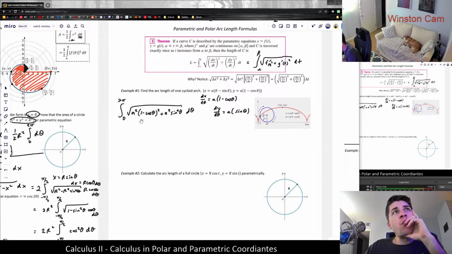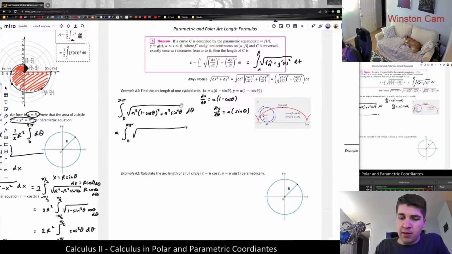Okay, so what will happen here is, well, of course, a squared is a common factor, can be factored out. And the square root of a squared will just leave us with a, and we could even pull that outside of our integral. And what that would leave us with is 1 minus cosine squared plus sine squared. Well, we'd have to FOIL this out. So 1 minus cosine theta squared would leave us with 1 minus 2 cosine theta plus cosine squared theta.